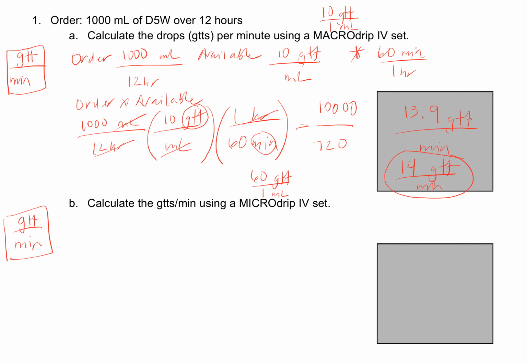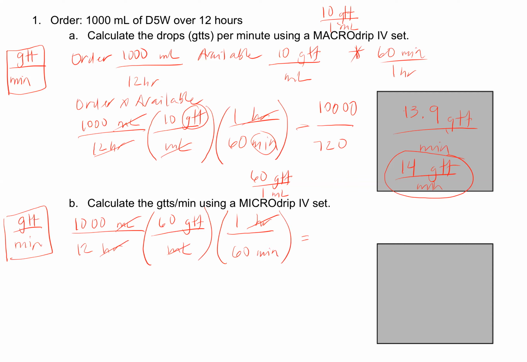So let's go ahead and put our equation in. So 1,000 mLs per 12 hours, we have 60 now per ml. Our ml units will cancel. 1 hour on the numerator, so our hour units cancel. 60 minutes in the denominator, so we're left with drops per minute.